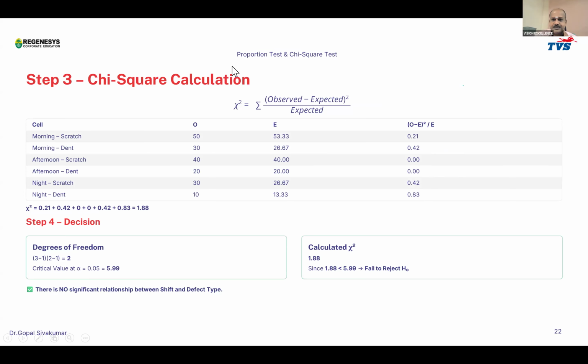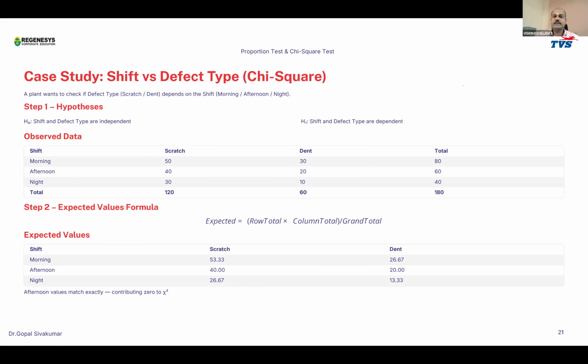Are you with me, all of you? Yes, sir. Now the chi-square must be summed up. Total chi-square, how much is it? 1.88. Now we have something called degree of freedom. Go back to your contingency table.